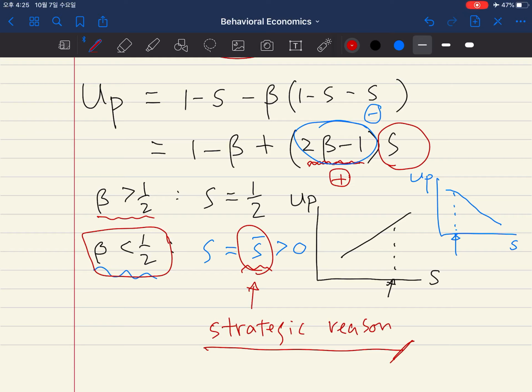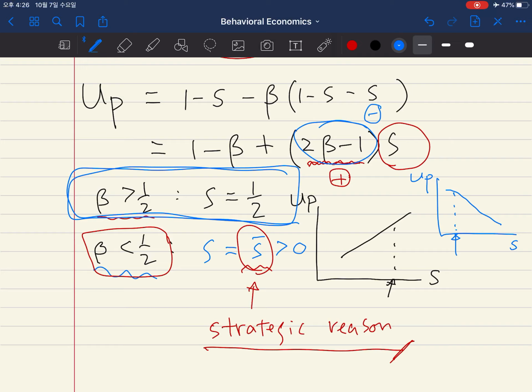That's why proposer is giving some positive amount. So here, using this FS model, we can explain why proposers often offer a positive amount to responder. And in particular, we can even explain why sometimes proposers offer exactly half of the resource to responder.